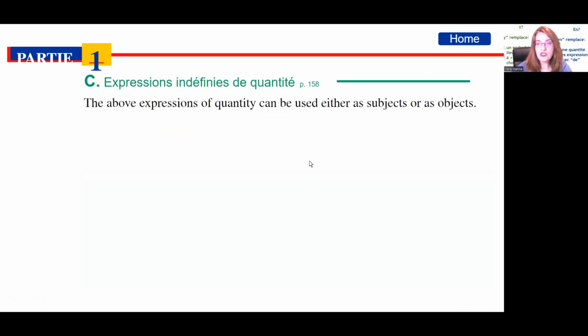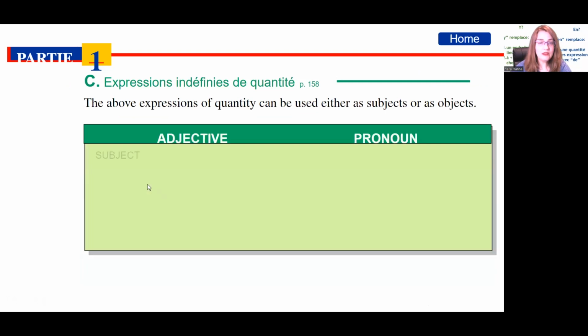So the above expressions of quantity that we just saw can be used either as subjects or objects. And voyons quelques exemples. As subjects, here is how they can be used. Quelques amis sont venus, which means some friends have arrived or came over.